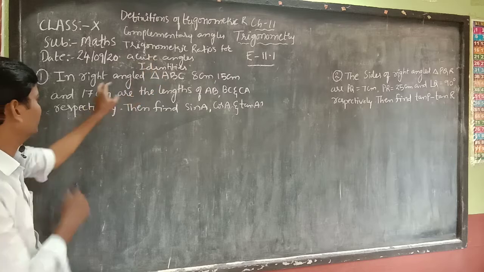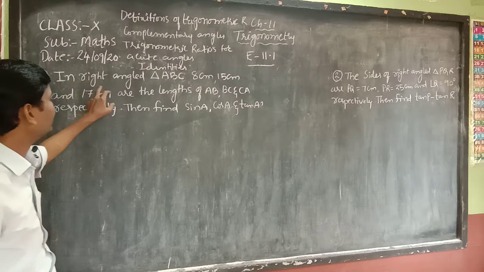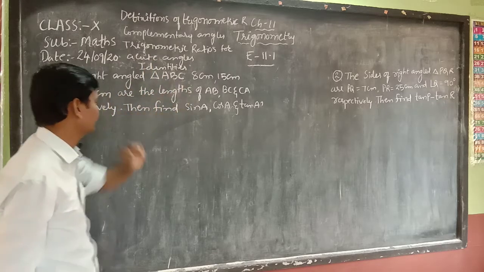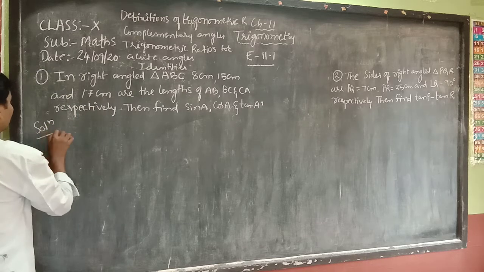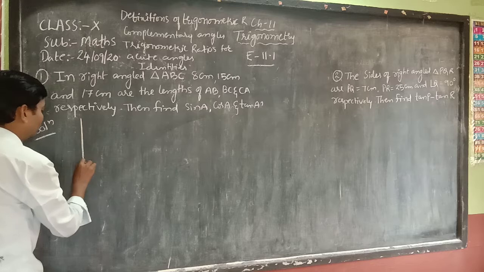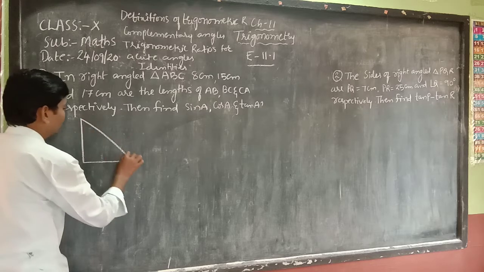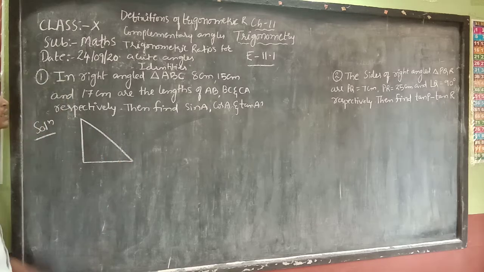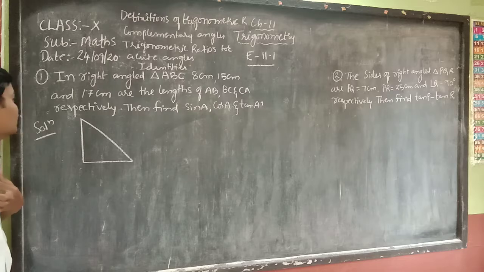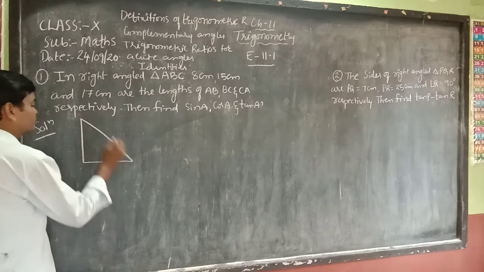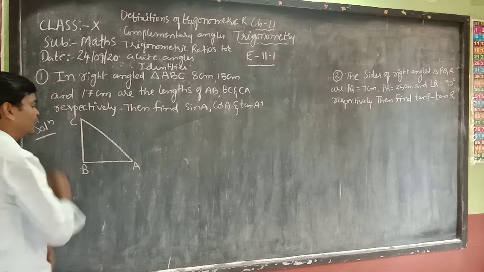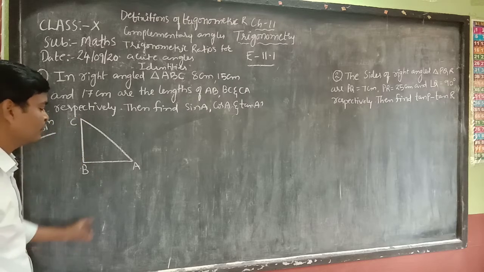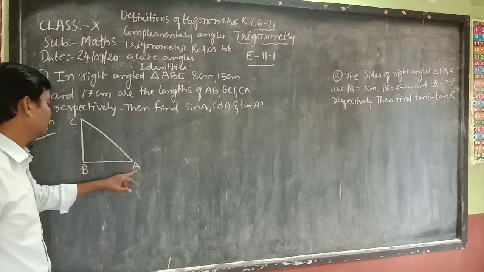What is the first problem here? In right angle triangle ABC. So ABC is the right angle triangle. Here I am giving the solution. First listen, then after copy.